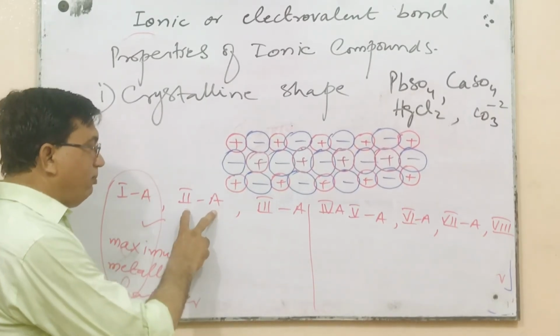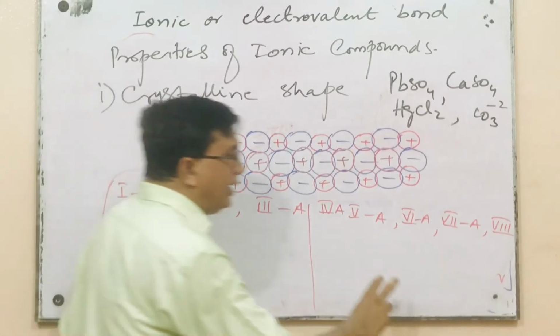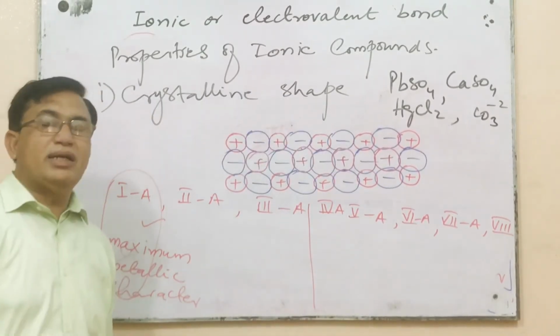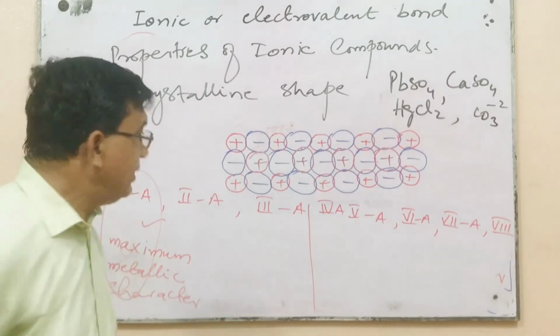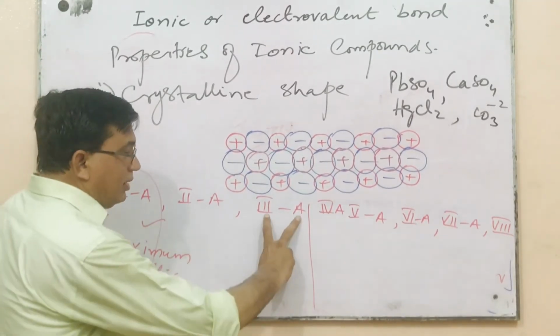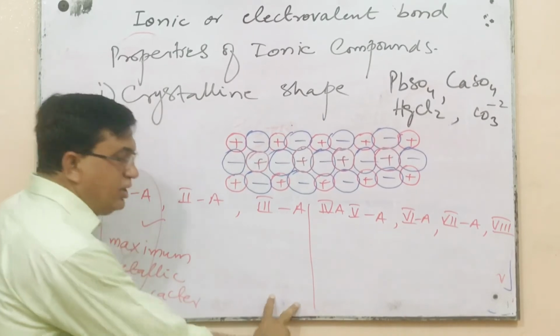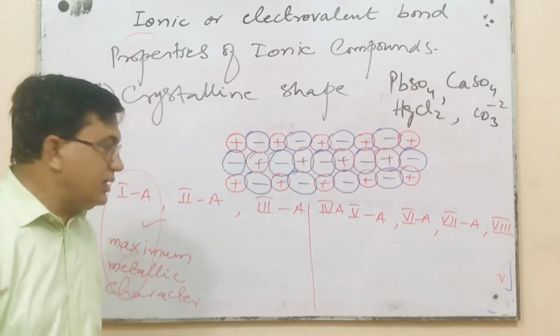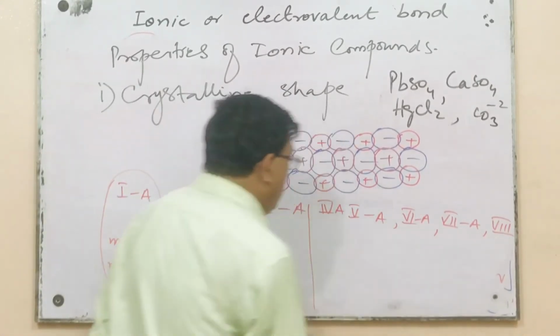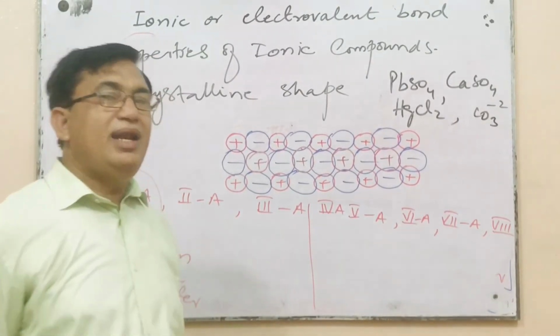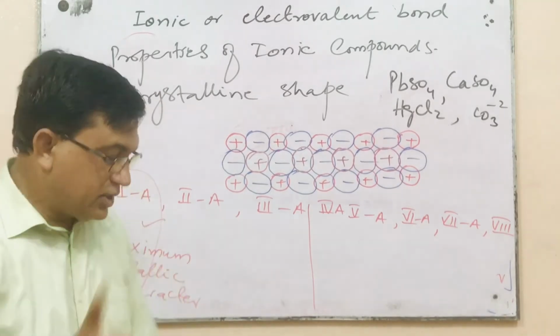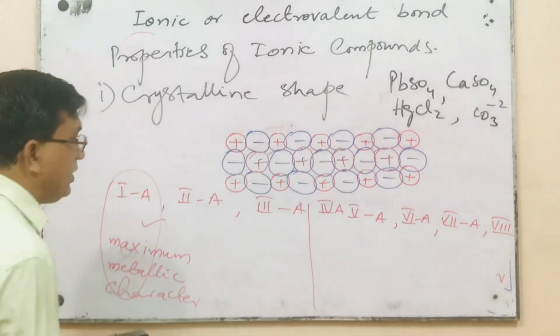The ionic bond formed between the second A group and 6A group non-metals has less ionic character, and similarly the elements of group 3A metals and all these non-metals will form ionic bonds with the least ionic character. Now, what is the reason of this?